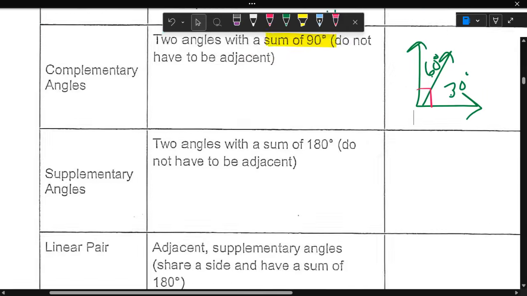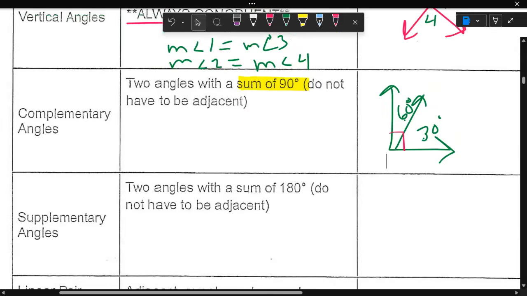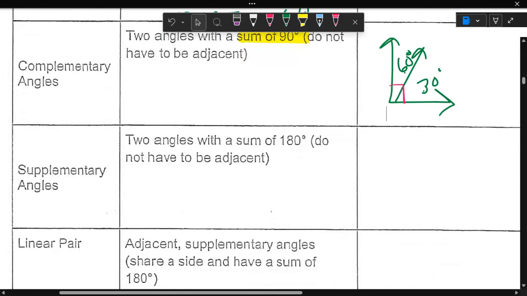Sorry, these two angles together create a right angle because 30 and 60 is 90. So they're complementary.